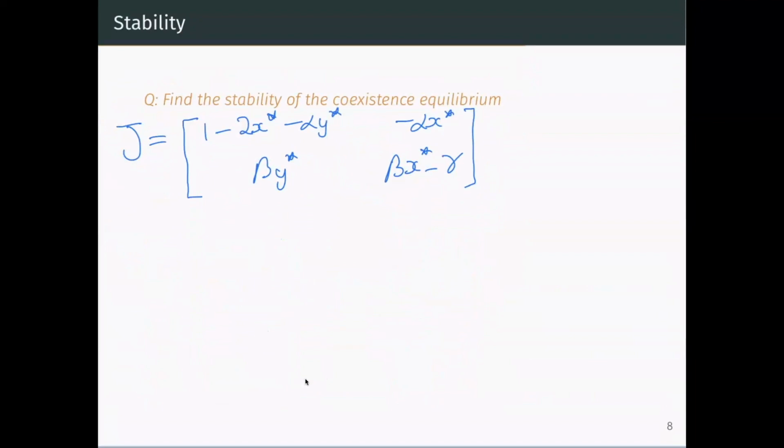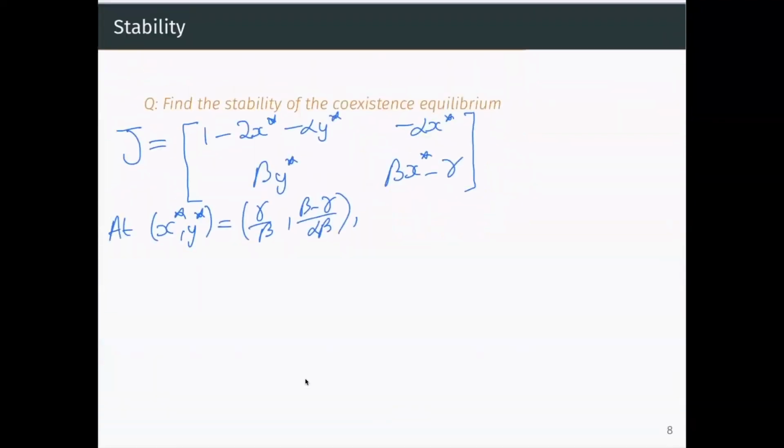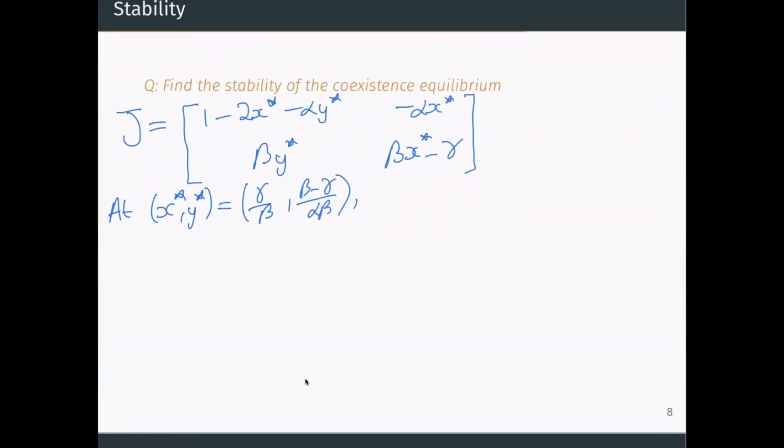So what do we need to do? We need to look at our coexistence equilibrium, x star, y star, which is equal to gamma over beta, beta minus gamma over alpha beta. So we need to substitute these values into the Jacobian above. So our Jacobian is going to equal 1 minus 2x star, which is going to be gamma over beta, minus alpha y star.